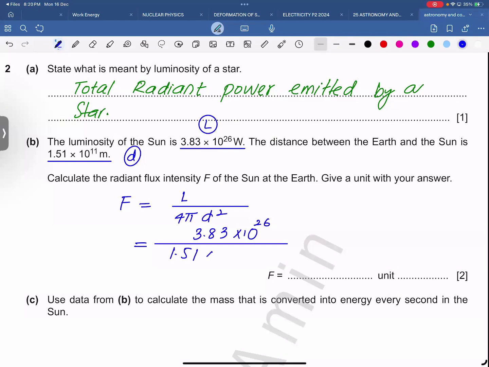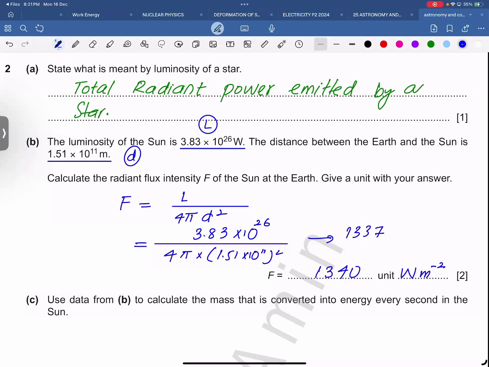1.51 × 10^11, sorry, 4 pi. So 1,340 watts per meter square.